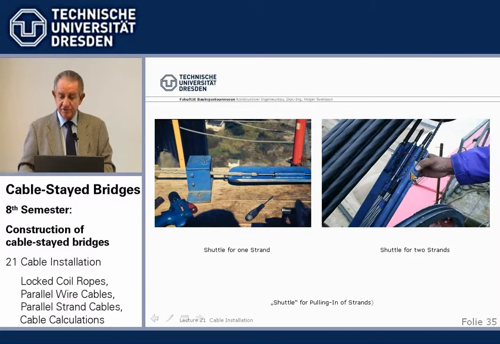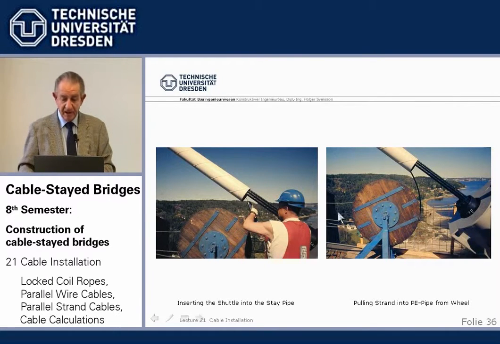We can also connect two strands, pulling up two at the same time. And then we have here the shuttle, the pull cable, and from the reel with a very long length, the strand is pulled up into it. That's how it goes on. Now it enters the PE pipe to the tower head.